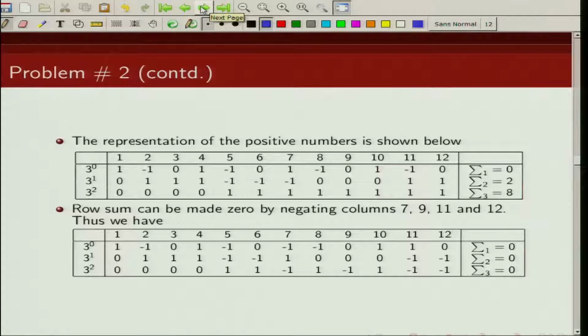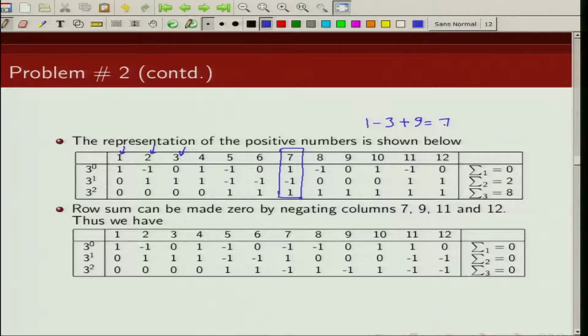So these 12 coins, I am just writing these 12 in the equivalent ternary notation. So 1 would be 1 times 3 raised to the power 0 plus 0 times 3 raised to the power 1 plus 0 times 3 raised to the power 2. Similarly, you can see this 7 is nothing but 1 minus 3 plus 9, that's 7.